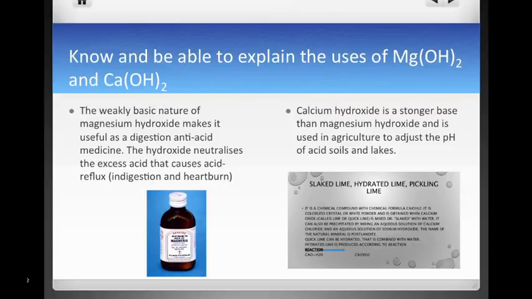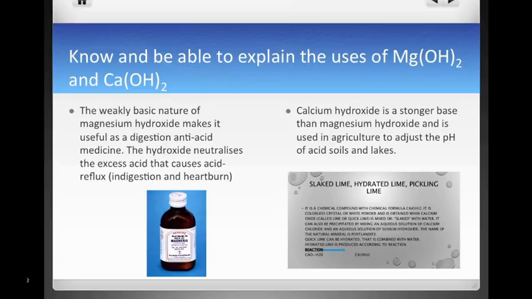Let's take a look at some of the uses of some of the alkaline earth metals. Magnesium hydroxide is used as an antacid medicine for humans. The hydroxide neutralizes the excess acid.